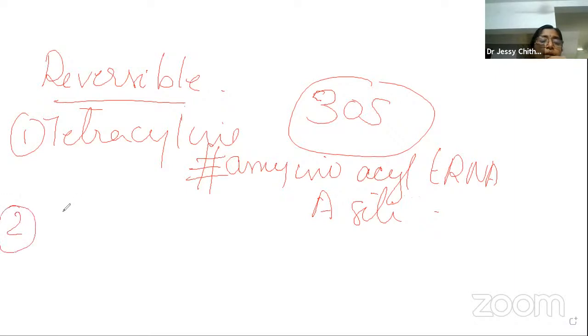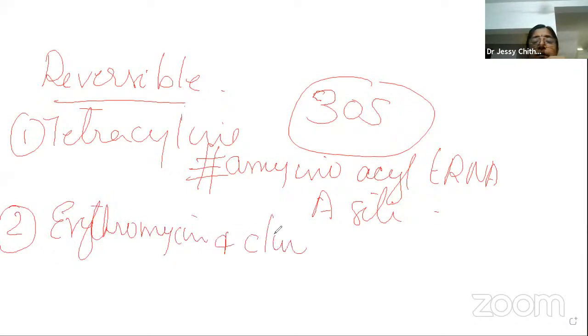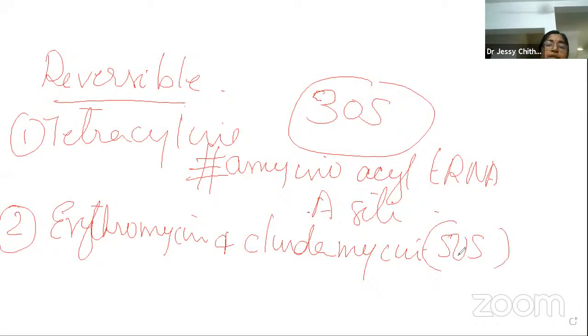Now comes erythromycin and clindamycin. How do they act? They act on the 50S ribosomal subunit. They will interfere with the translocation process.